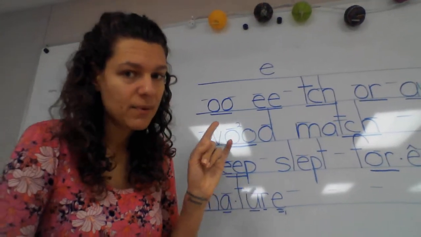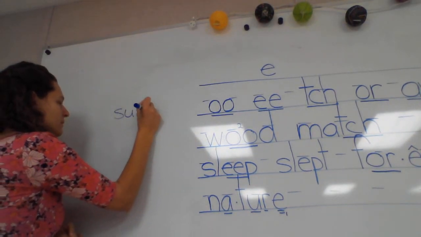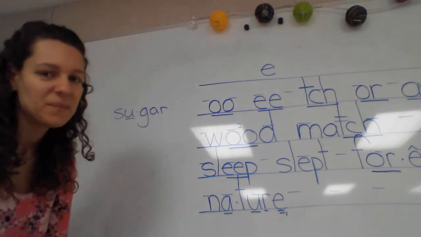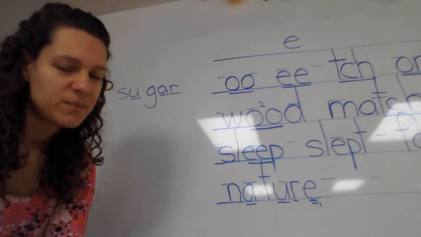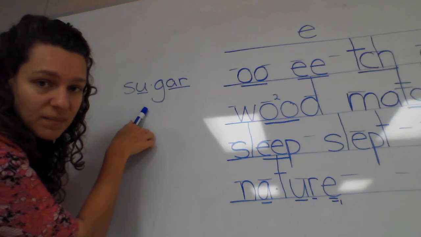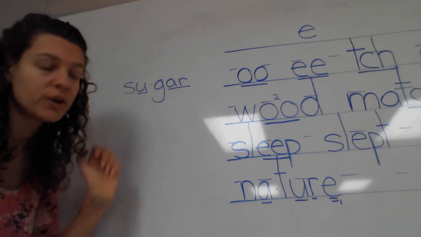A good example of this is this word. Okay, so this word is a two-way word, but I'm sure you all know it, and I'm sure many of you like this. What is this word, class? So this is sugar, sugar.